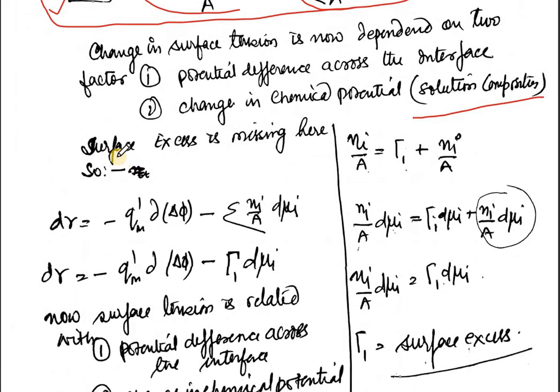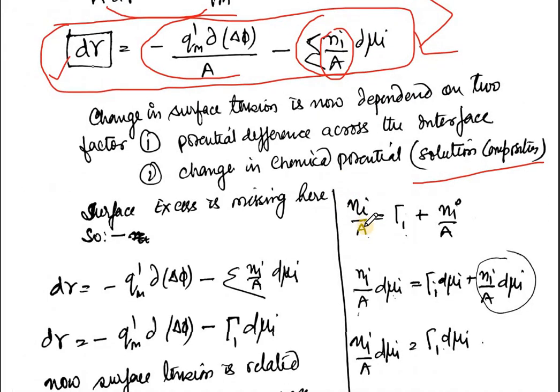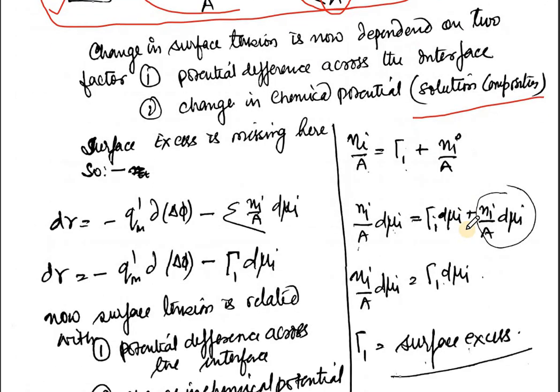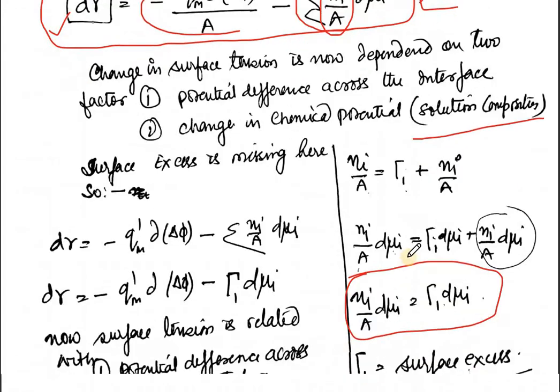Now, we will talk about the surface excess. So n i over A is the surface excess, denoted gamma i. Ultimately this term is replaced by gamma i d mu i.